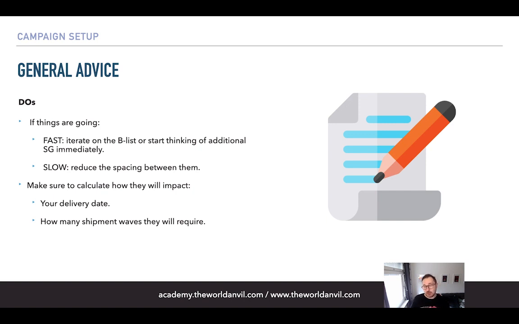And also make sure that unlocking this new stretch goal does not force you to have more shipment waves, because as we discussed in the first module, that will definitely increase your shipping expenses, maybe to levels that are not really sustainable.